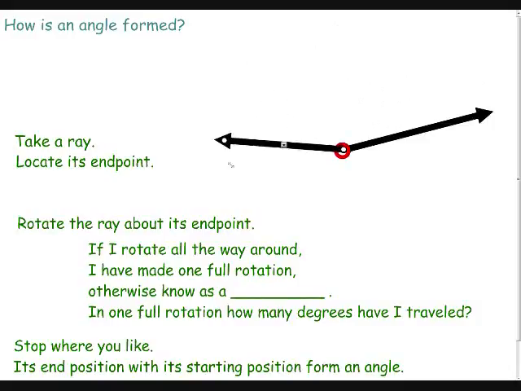So we can go, it looks like a clock. Can go all the way around, and we get all different angles this way. If I rotate all the way around, what would you tell me? I've made one full rotation. One full rotation.